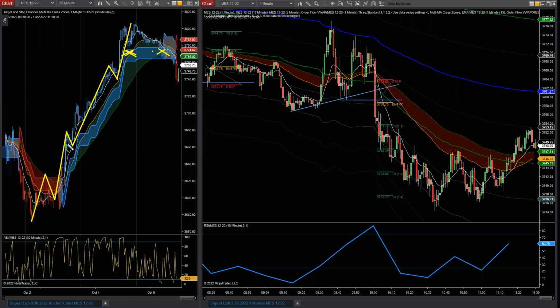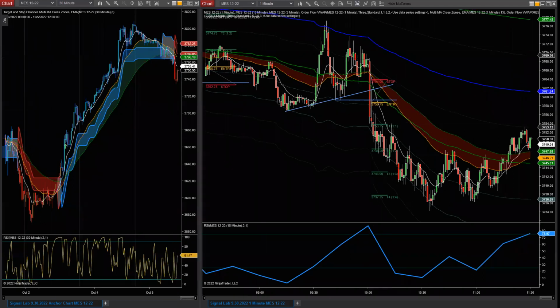If you dissect it even further, the meat's off the bone. So at this point, you look for a correction before you start buying it again, or even possibly trade the short side. Make sense?